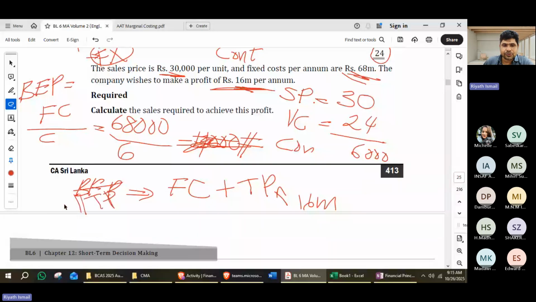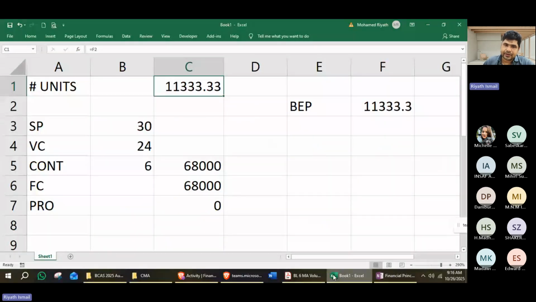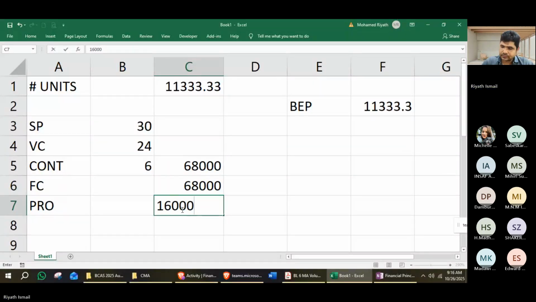Now, units required to achieve the target profit. They have to achieve 16 million profit.